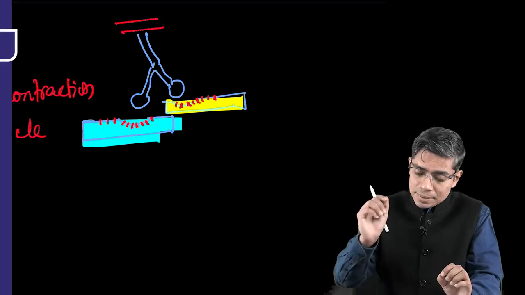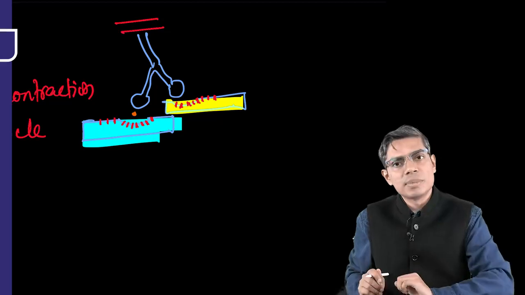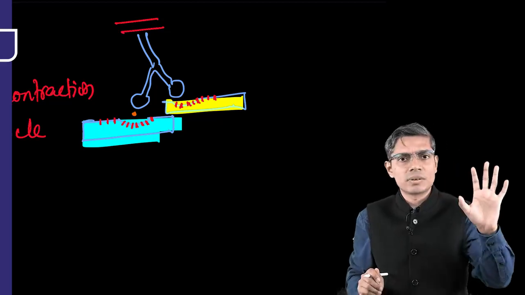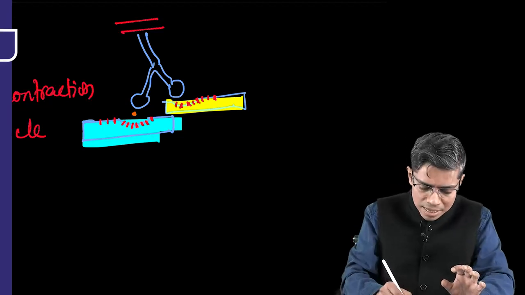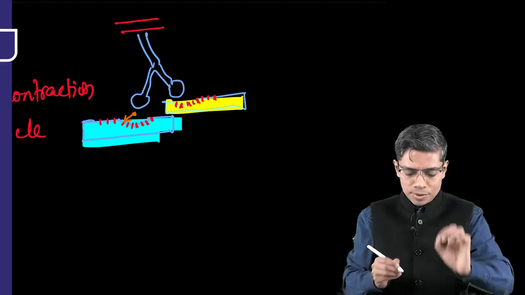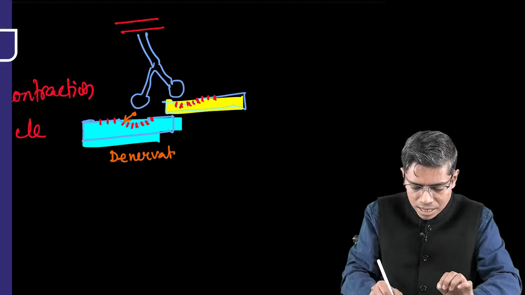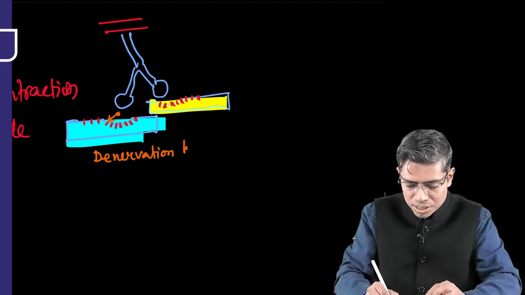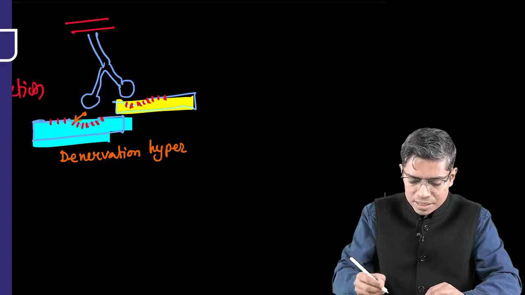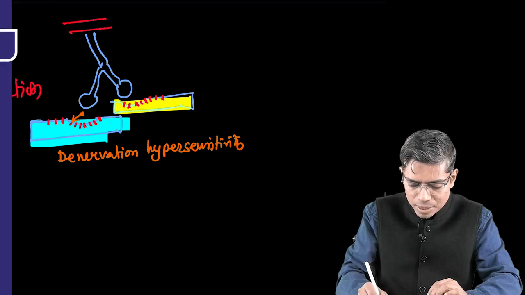That means even a single molecule of acetylcholine released from the terminal is going to cause contraction of this muscle fiber. This phenomenon is known as denervation hypersensitivity of the skeletal muscle fiber.